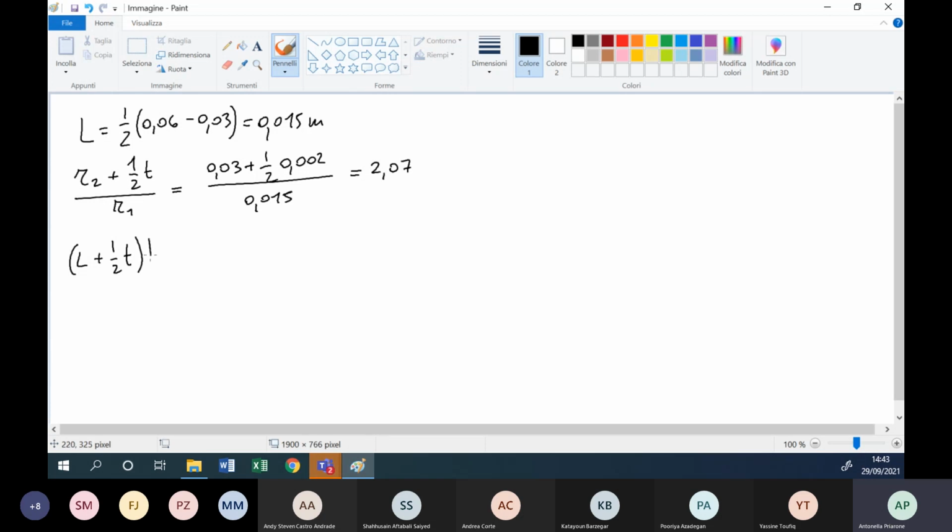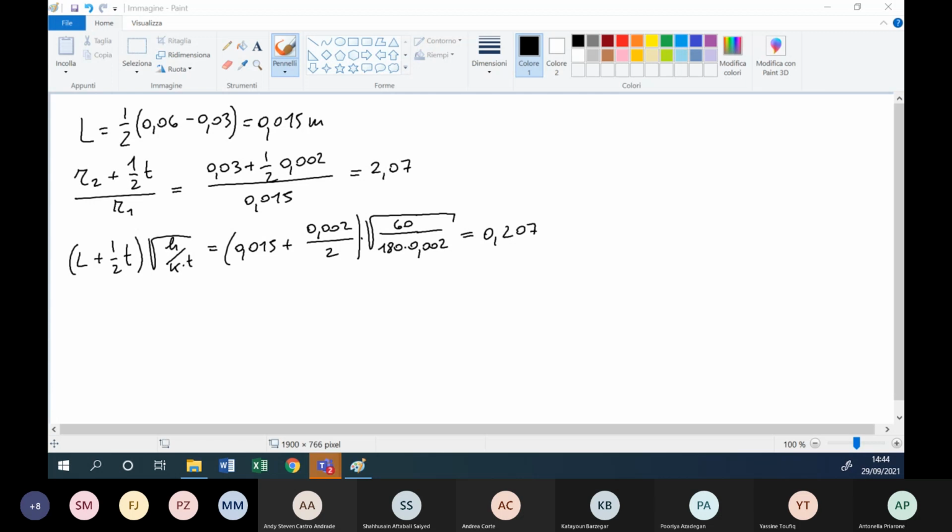Then I calculate the other parameter that I have to read on my graph, that is the horizontal axis, and is L plus t/2, multiplied by the square root of h over k t. For me it is 0.015 plus 0.002 divided by 2, multiplied by the square root of 60 divided by 180 by 0.002, and I obtain 0.207.